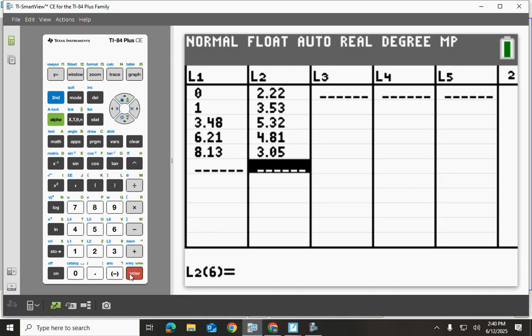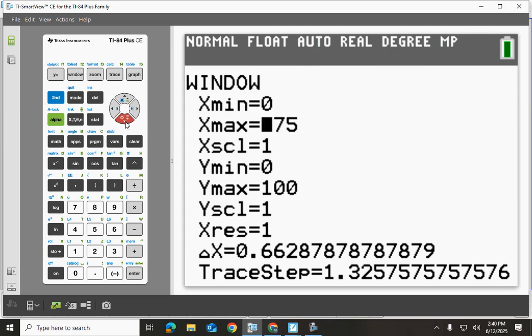Okay. So here is my X list, here is my Y list. I'm going to go from 0 to 10 for my X's, and 0 to 10 for my Y's as well, just to make it even.